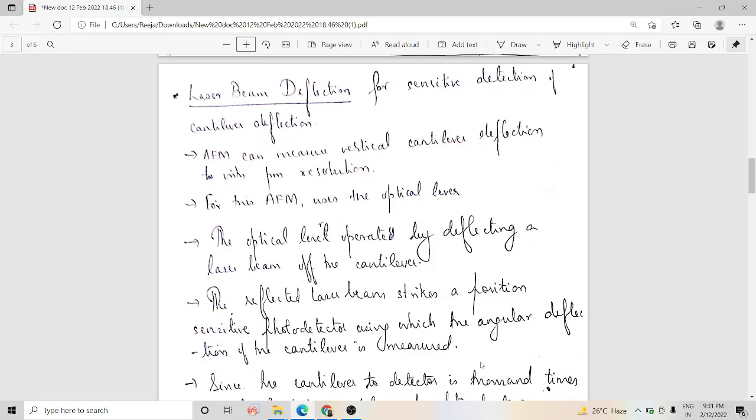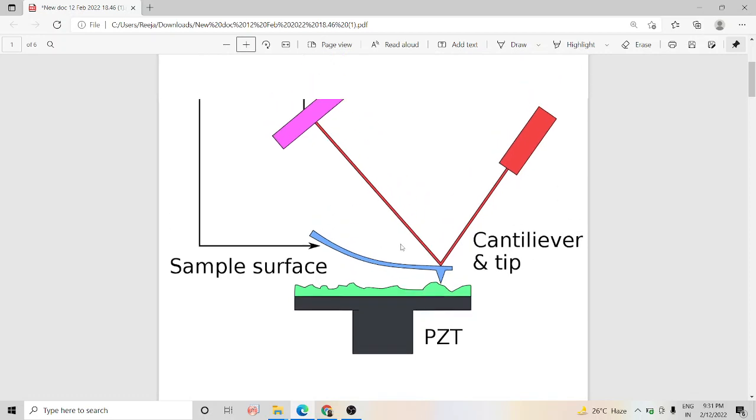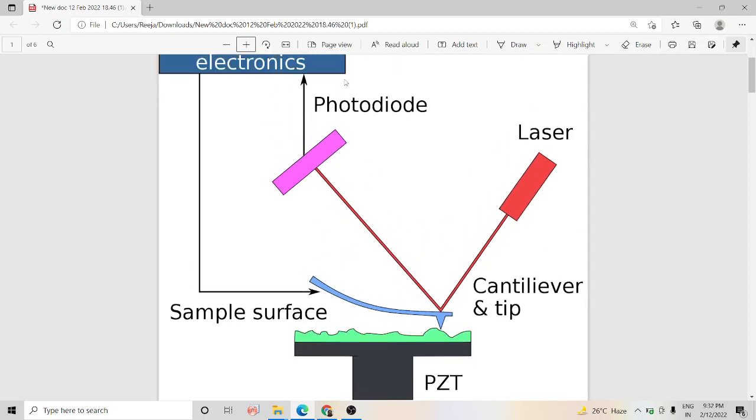Now when the cantilever deflects, in the figure, when the cantilever undergoes vertical deflection at the different positions on the surface of the sample, a laser beam is allowed to fall on the cantilever, and it will be reflected at different angles depending on the angular deflection of this cantilever. And the reflected beam is collected by a photodiode, which is in turn sent to a detector.